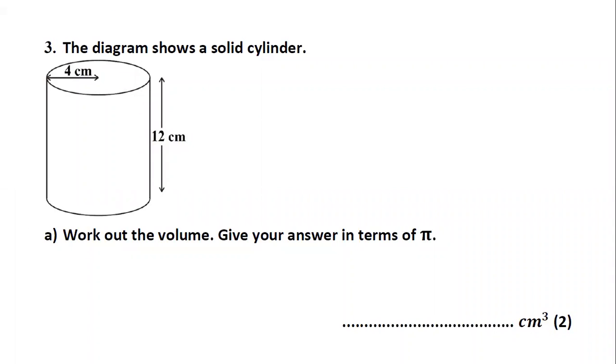Right, let's move to question number 3. It says the diagram shows a cylinder, work out the volume, give your answer in terms of pi. And so what we will do is, again, we'll use the same formula. Volume is equal to pi times by r squared, which is the cross section, and times by the length. Same formula which we use to work out the volume of any prism.